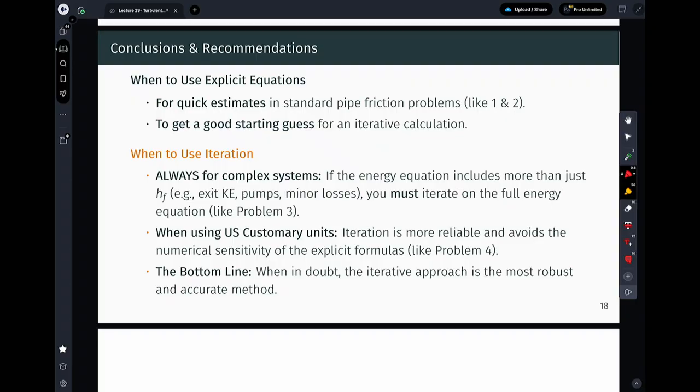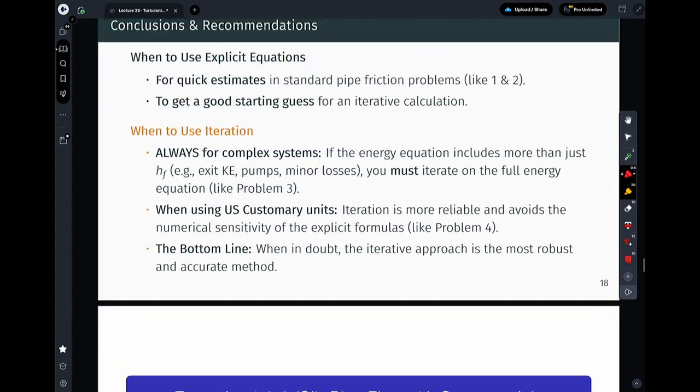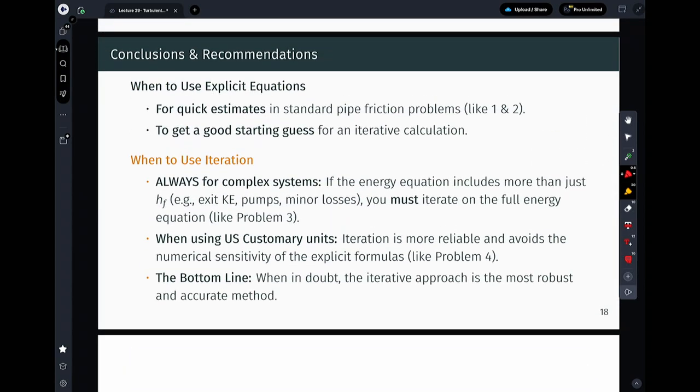Both approaches should get you the same result. And ultimately, you want to do something where you have validation or verification with the Moody diagram. I strongly recommend against doing what I pretended to do on all of the examples where I drew all the lines on the Moody diagram.